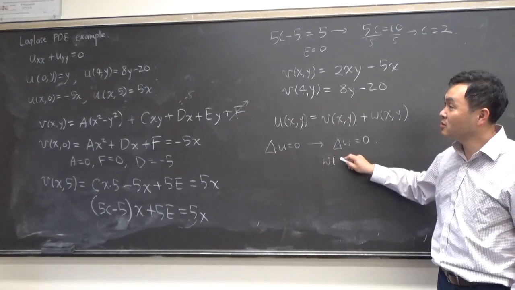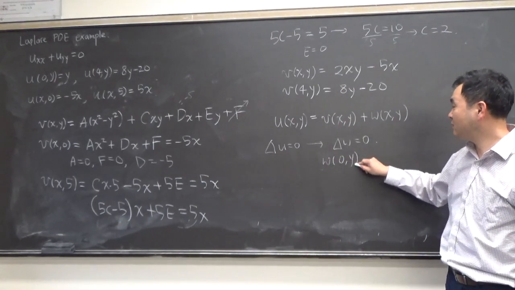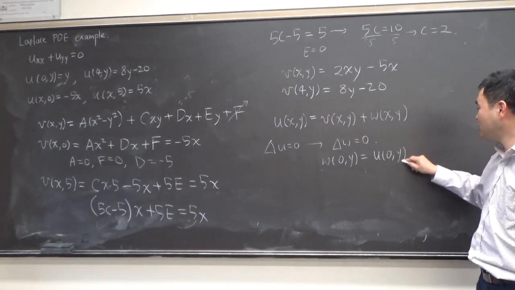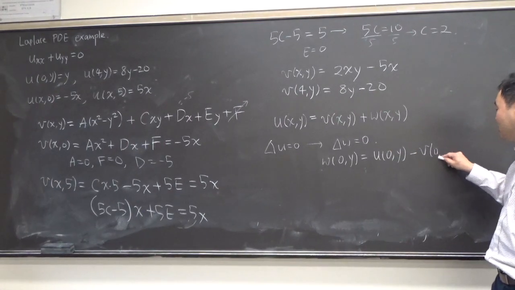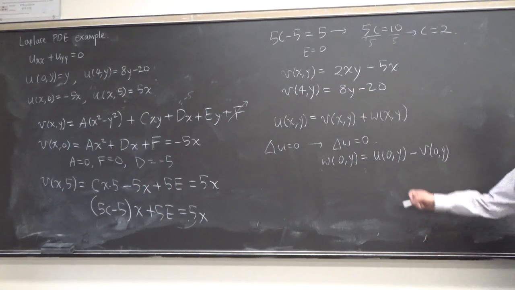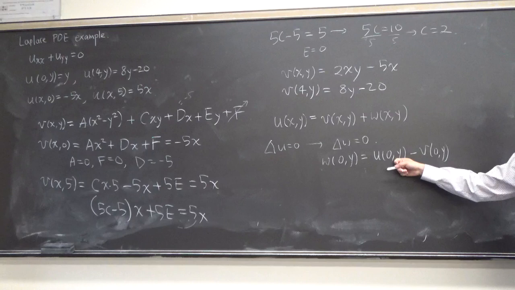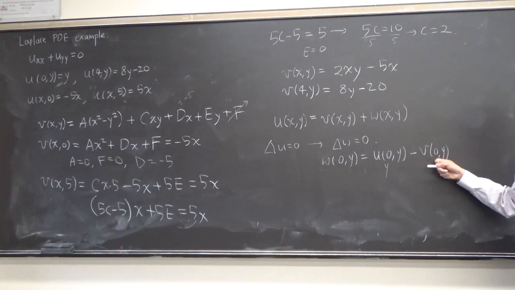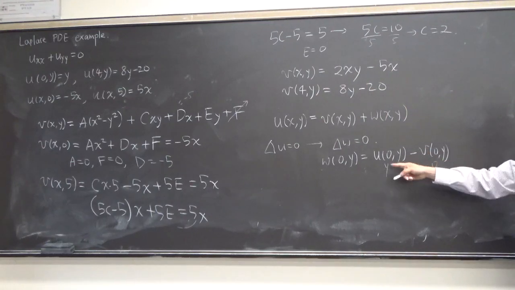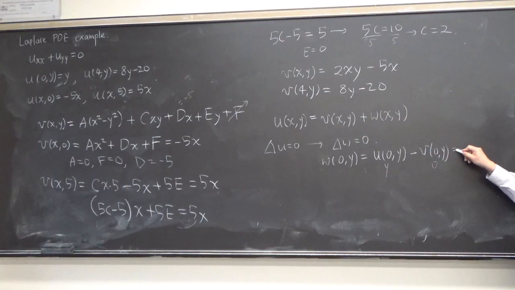W of 0, y is u of 0, y minus v of 0, y, right? What's that though? What's u of 0, y? Y. What's v of 0, y? If you plug in 0, what do you get? 0. So if you do y minus 0, what do you get? You get y.